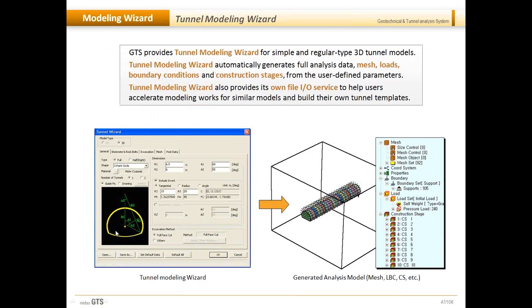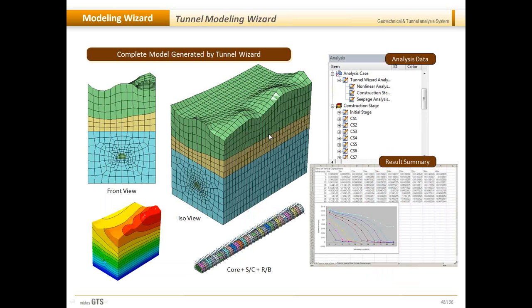By just defining some coefficients for the tunnel, you can directly define the tunnel and also the boundary condition, the construction stage, all that is considered. For example, this model has been modeled entirely using this tunnel wizard. It generates the form of the tunnel, the different stages for the analysis, the different things that you need. Yes, the soil layer, all that is considered.